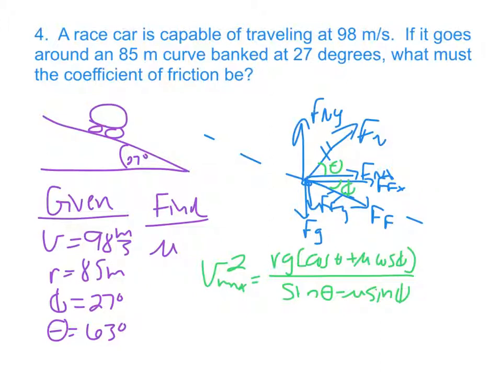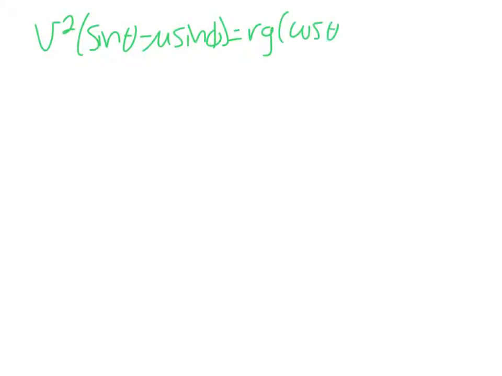So we're going to need to do a bunch of algebra to get mu isolated. The first thing I'm going to do is get rid of the fraction and multiply both sides by the denominator. So v squared times sine theta minus mu sine phi equals Rg cosine theta plus mu cosine phi.